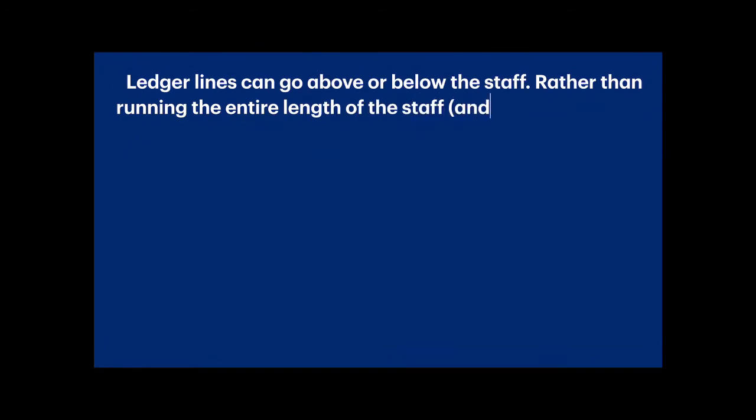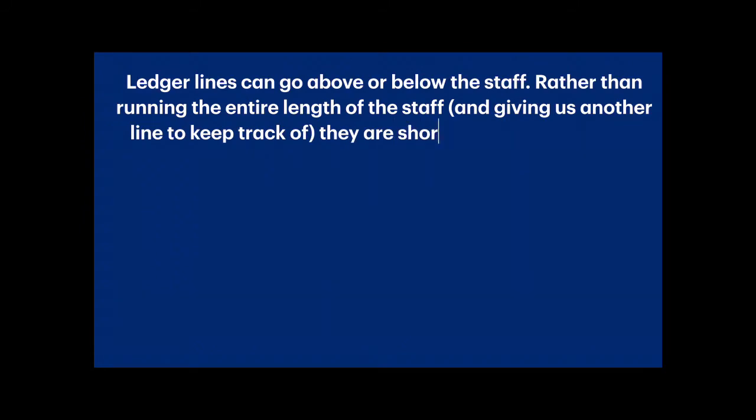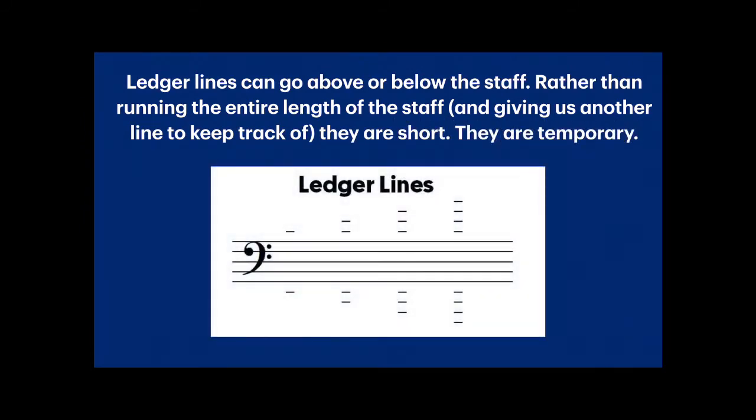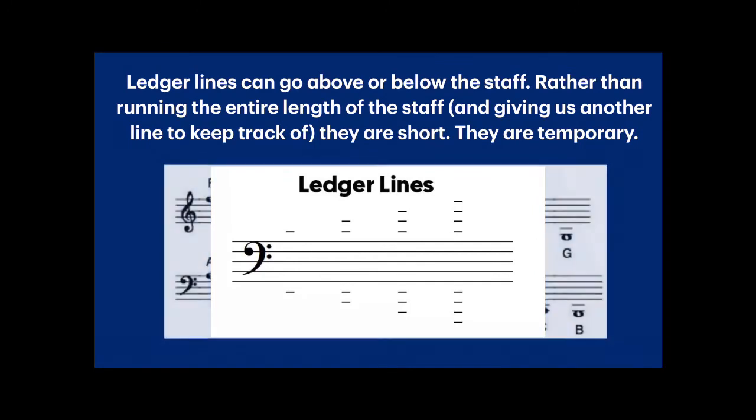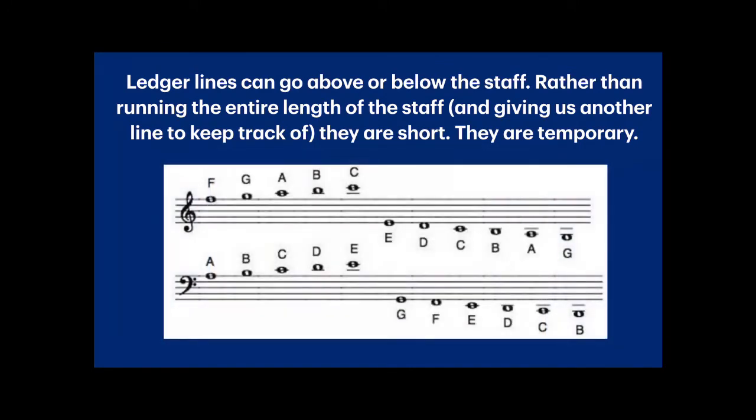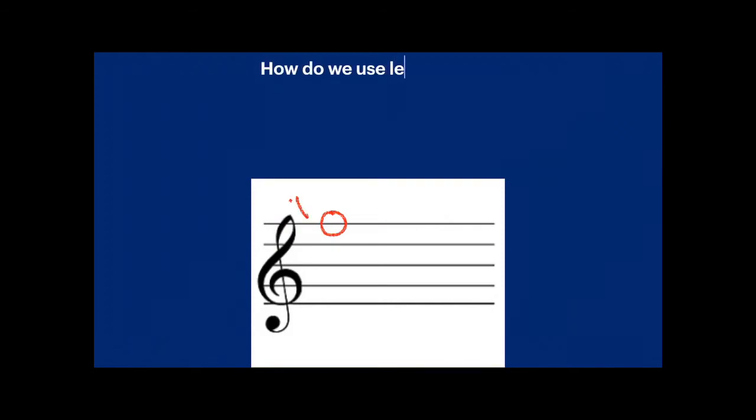Rather than running the entire length of the staff and giving us another line to keep track of, they are short. They are temporary. How do we use ledger lines?